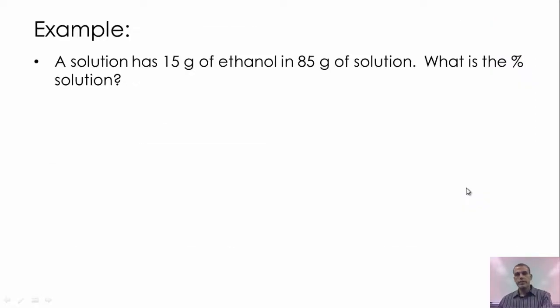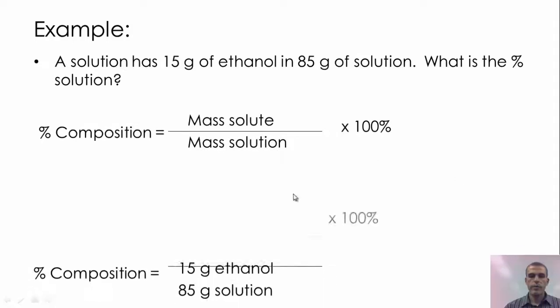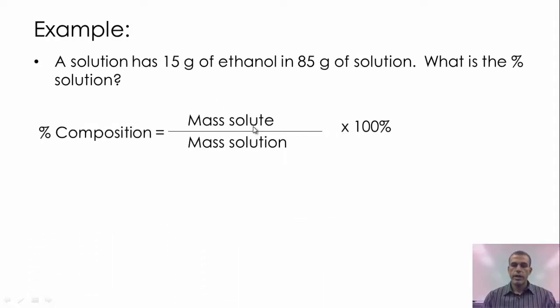We have a solution that has 15 grams of ethanol and 85 grams of a solution. What is the percent mass of this particular solution? All right, first thing is we have our equation. We have the mass of the solute, which would be the ethanol that's being dissolved in it, and then we have the total mass of our solution.